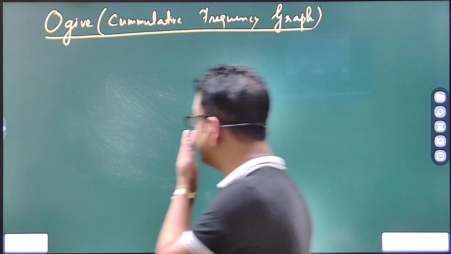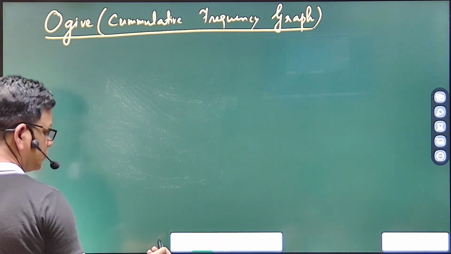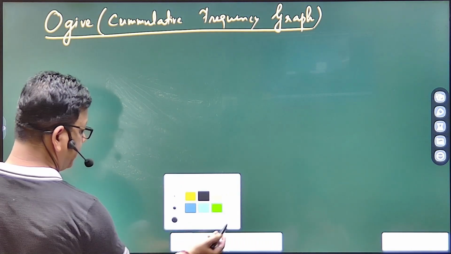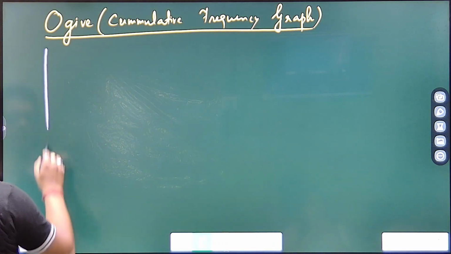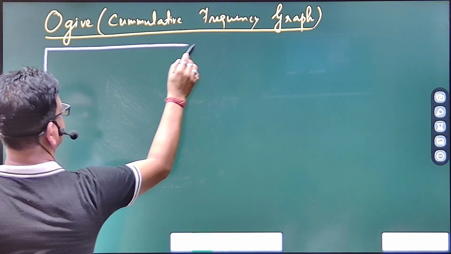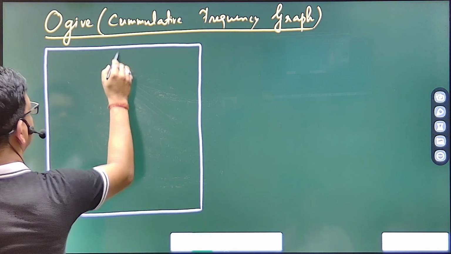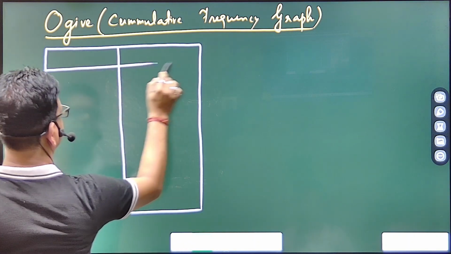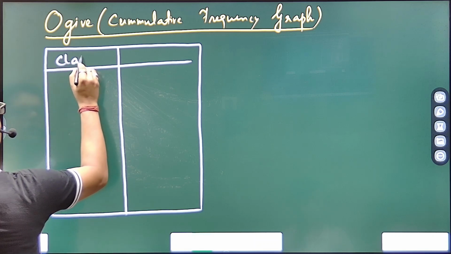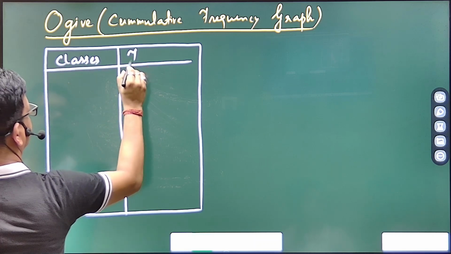Okay. Now let's start one example. So try to make this graph. First the table, classes and frequencies. So here classes, here frequency.